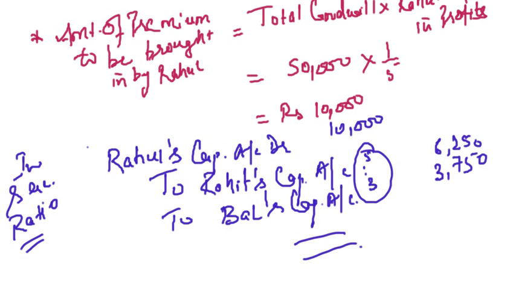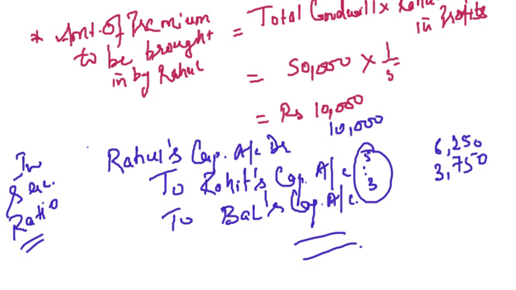Clear, friends? So in this we have covered the revaluation aspect as well as the goodwill aspect. Clear? So be careful with the goodwill aspect. Remember, any goodwill appearing in the balance sheet is to be written off. Why?